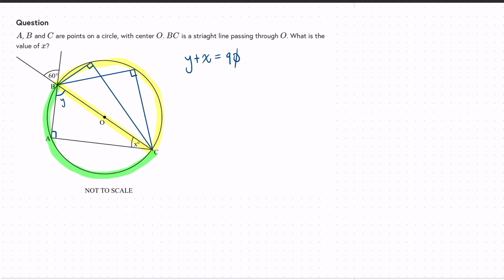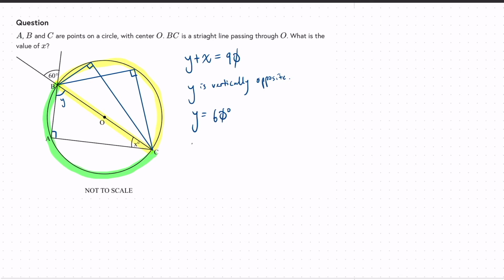So how can I solve for x? Well, y is vertically opposite 60, and vertically opposite angles are the same. So y is equal to 60 degrees.